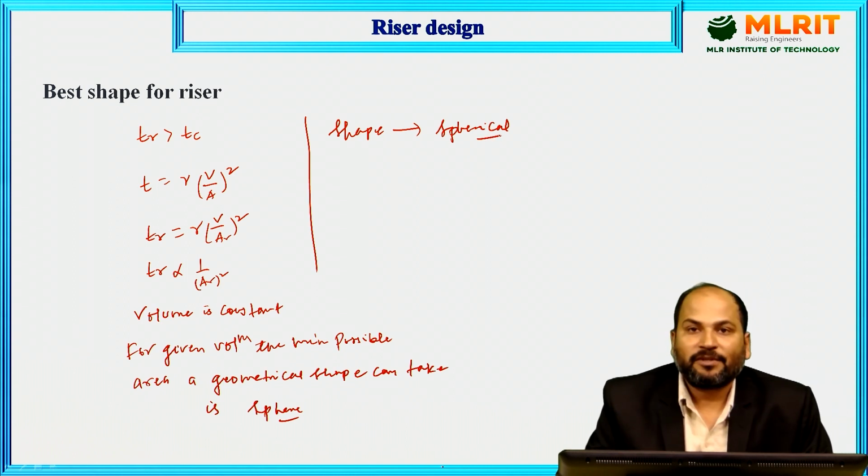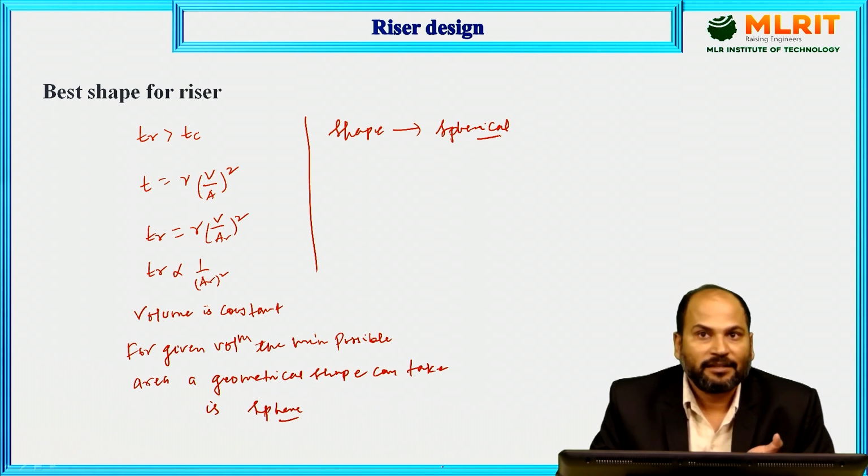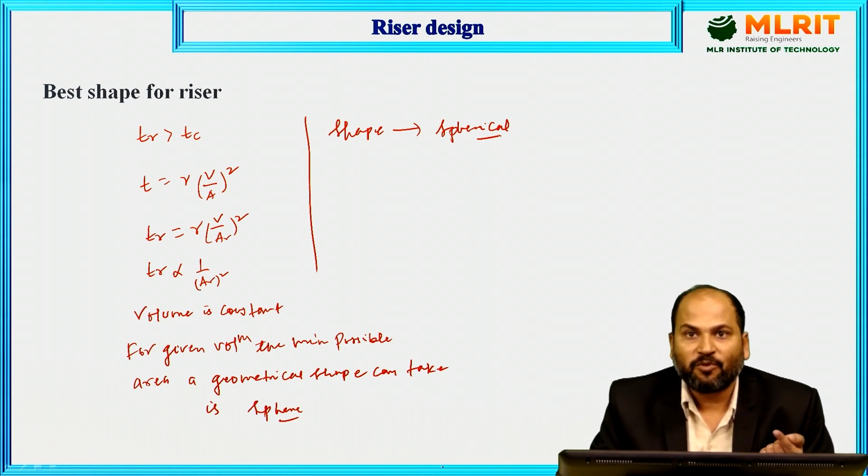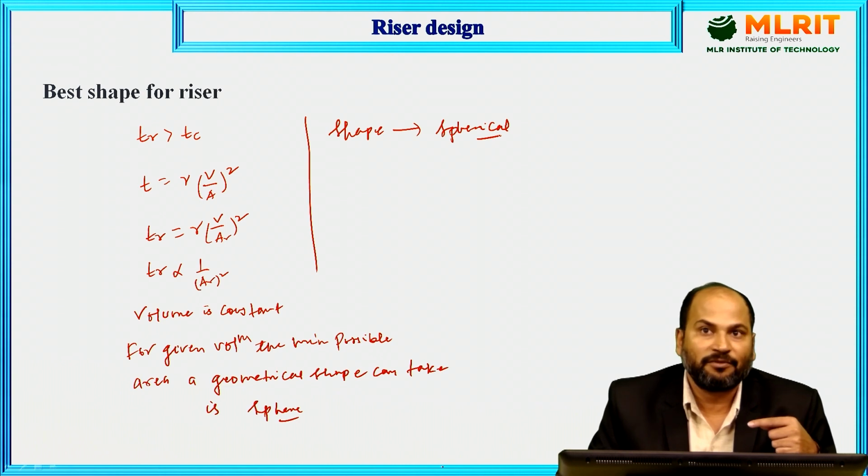But the problem with this is that when the shape of the riser is spherical, in sand casting, placing this spherical shape there, and taking it out once after casting, will be very difficult. That is the reason a spherical riser is not used in riser design.